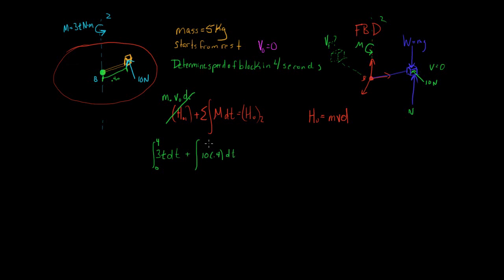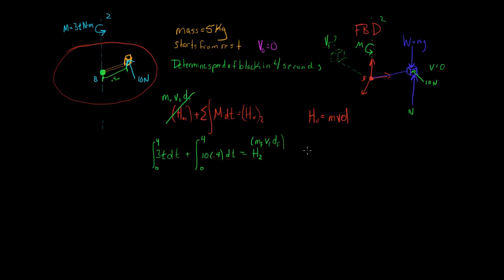And this is integrated from 4 to 0. This is going to equal this second angular momentum about the z-axis. And this part is equal to a final mass times a final velocity times a final distance. And we know everything here except the final velocity.